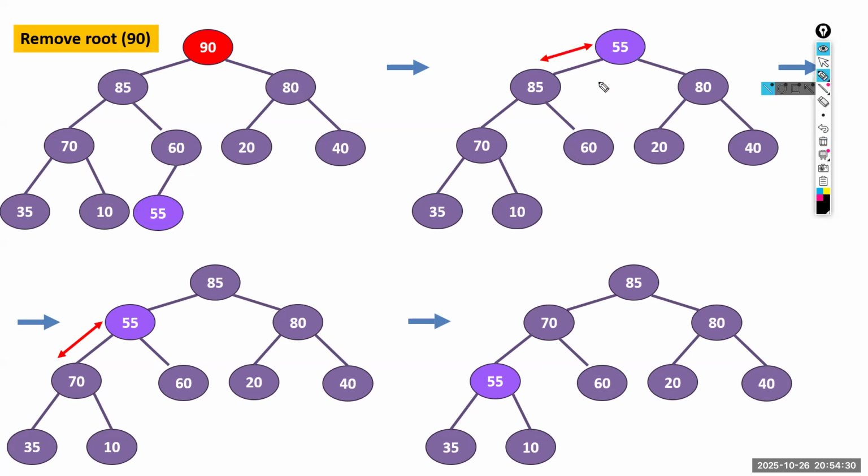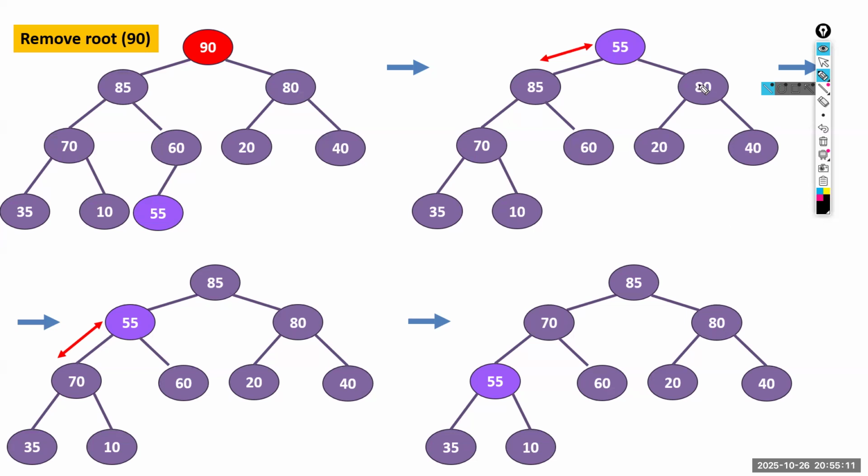Are you going to swap with 85 or with 80? 85. Why? Because if we swap with 80, then the smaller value would need to go to this side, so it won't preserve the shape. Yeah, that is correct.